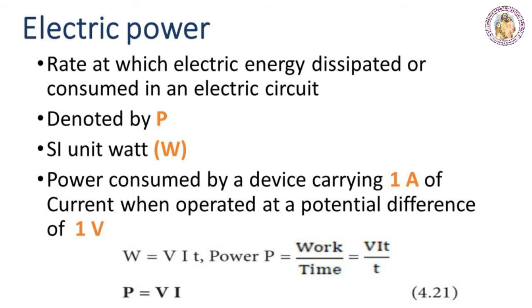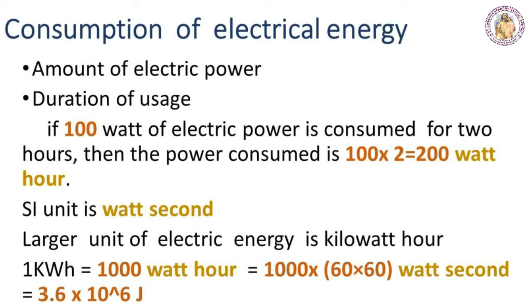Thus the electric power is the product of the electric current and the potential difference due to which the current passes in a circuit. Consumption of electrical energy: electricity is consumed both in houses and industries. Consumption of electricity is based on two factors: one is the amount of electric power and the other is the duration of usage.